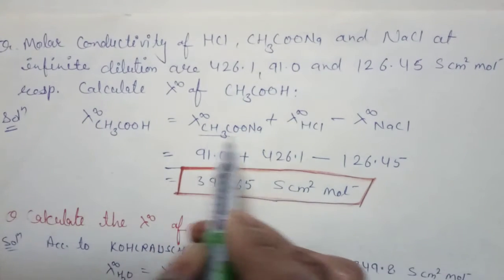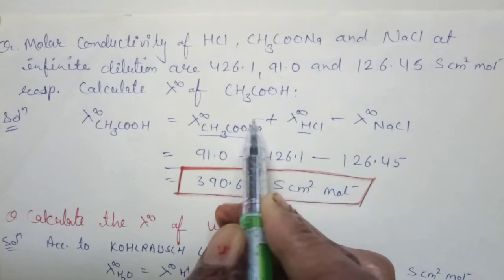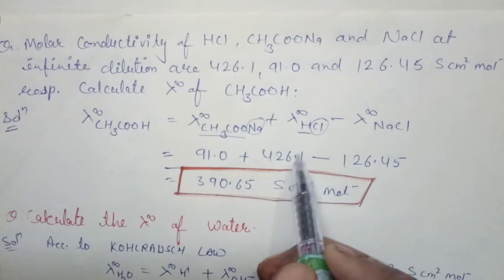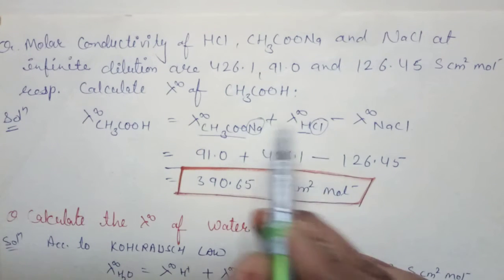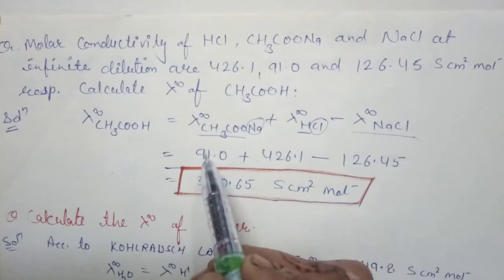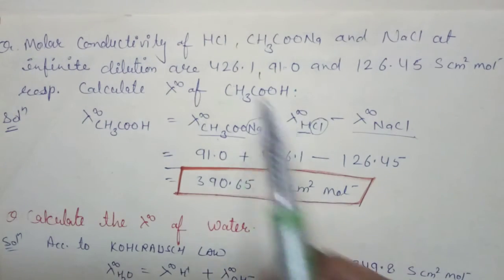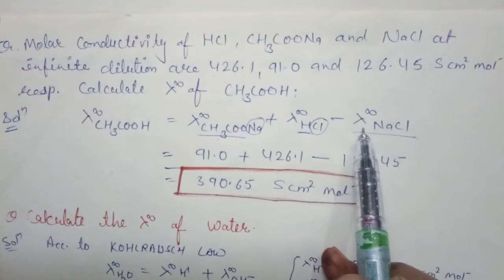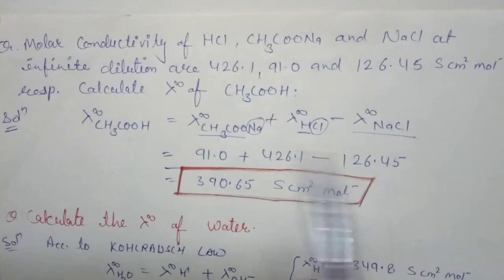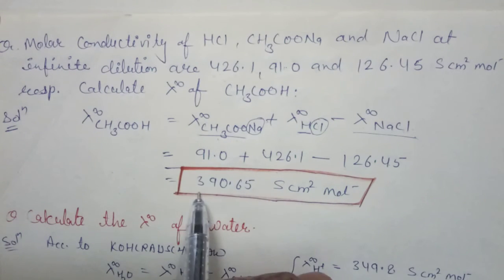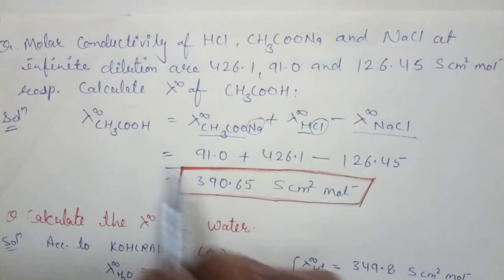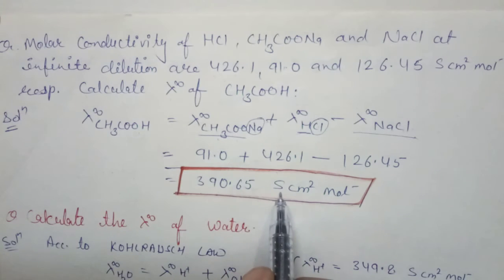Here we want this ion and this ion, and these are not required, so Na and Cl, the compound NaCl, is subtracted. So the value of CH3COONa is 91, HCl 426.1 and NaCl 126.5. On solving, we get the value of lambda infinity CH3COOH, that is 390.65 Siemens centimeter square mole inverse.